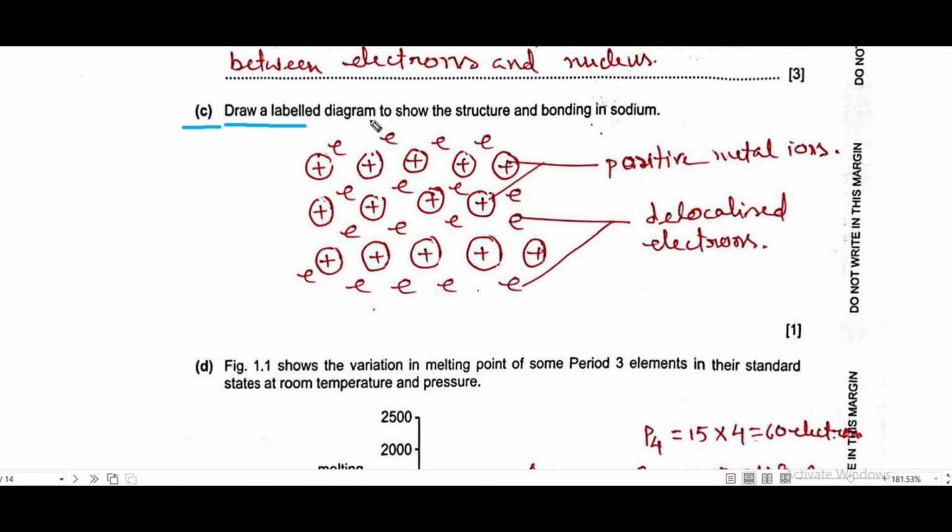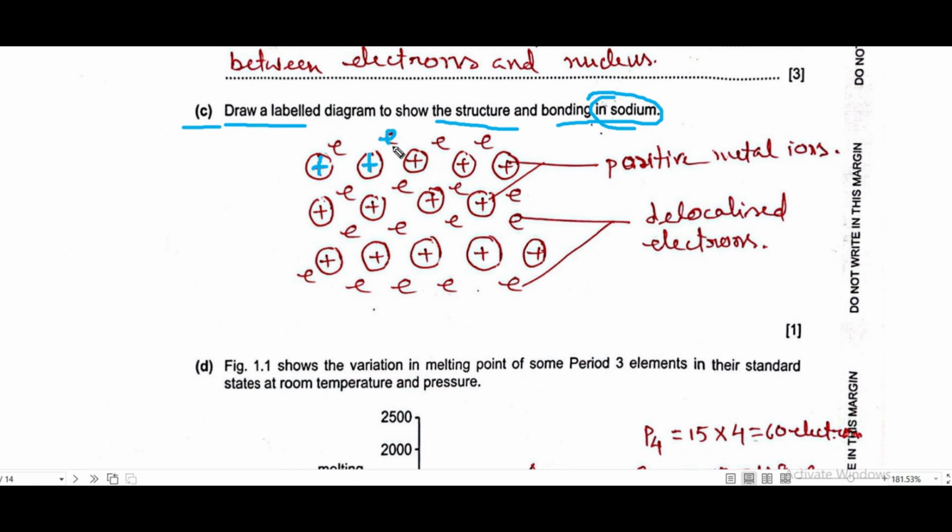Draw a labelled diagram to show the structure and bonding in sodium. Sodium is a metal, so in sodium there is metallic bonding. These are positive ions, sodium ions.